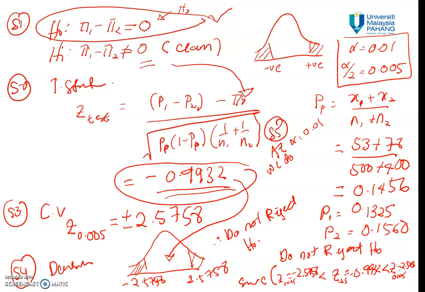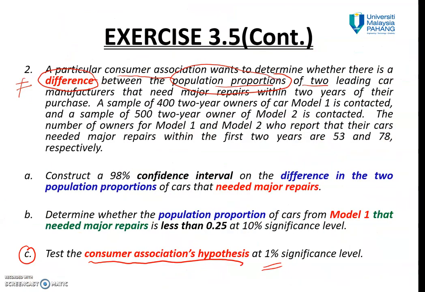Okay, I have a problem with my pen. What is the claim? The claim is there is a difference between model 1 and model 2. All right, so that's all for question number 2C.